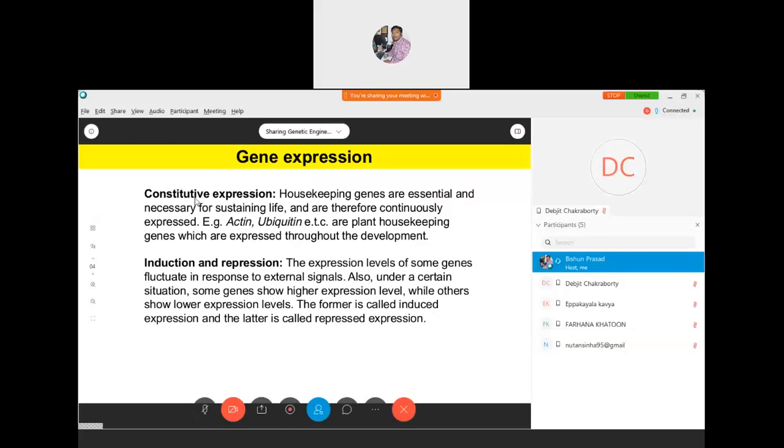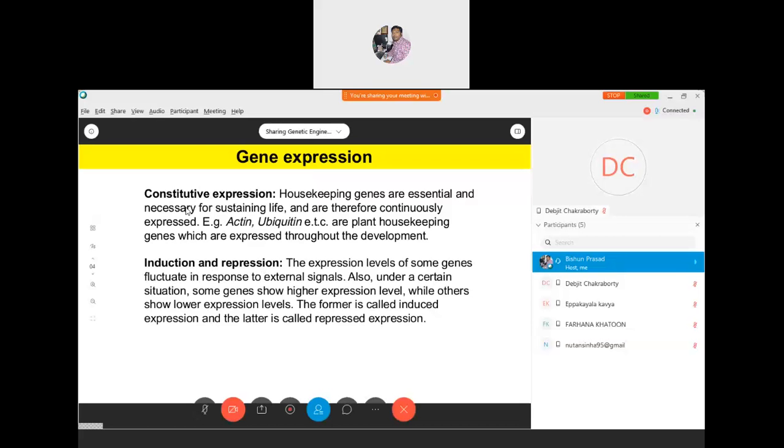So constitutively expressed genes are always on, they cannot be switched off, whereas inducible gene expression or repressible gene expression depends upon the condition. Under some conditions they will be expressed, sometimes they will be switched off, in some tissues they will be expressed, in some tissues they will not be expressed.